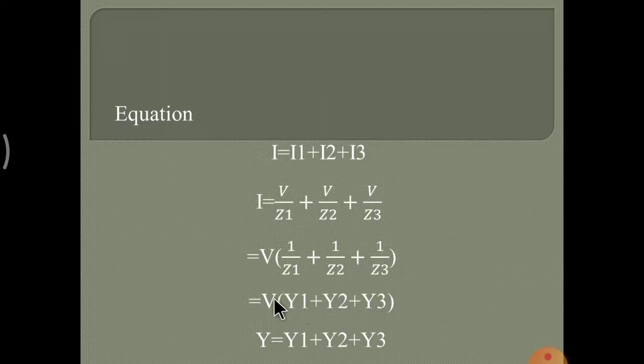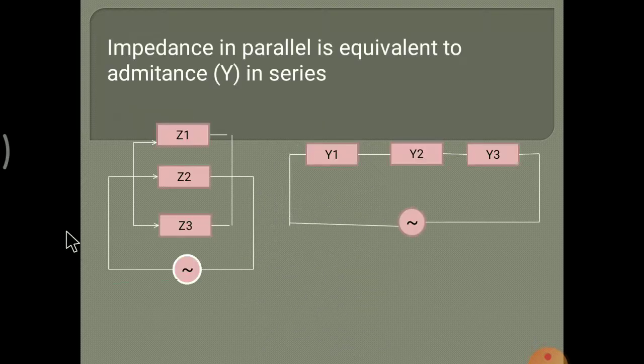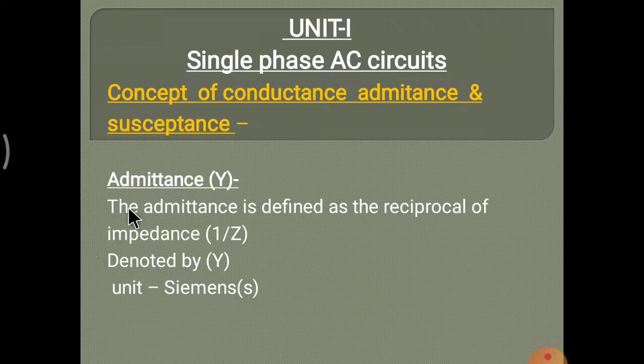Now 1 upon Z1 means what? We saw in the first concept that admittance is defined as the reciprocal of impedance. So Y is equal to what? 1 upon Z. And 1 upon Z means Y.